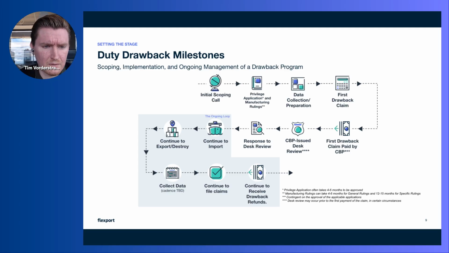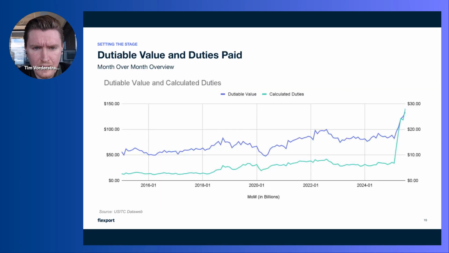And what we're going to talk about today is really relevant for a number of reasons, right? There's no secret. We've seen the executive orders, we've seen how much duty is being spent. If we look at the last 5 years, we can see this is USITC data, so this is all dutiable imports into the US, the value of them and the duties.